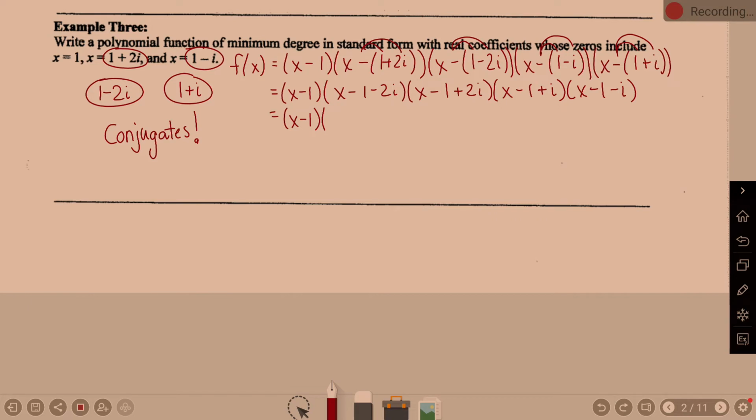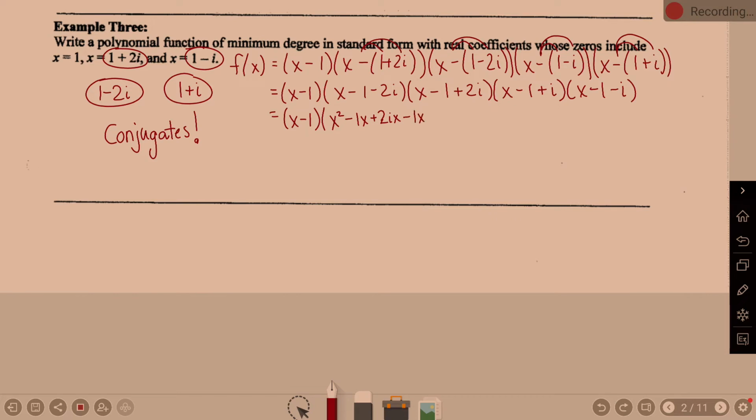Okay, so x times everything in this next parenthesis. So x times x, x squared, minus 1x plus 2ix, right? Minus 1 times everything in the next parenthesis.